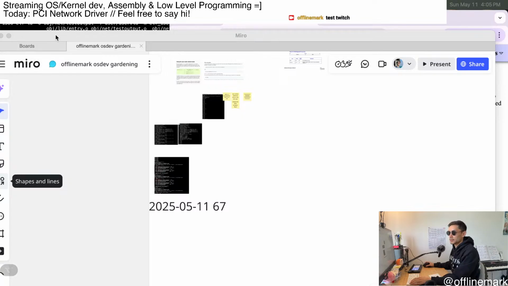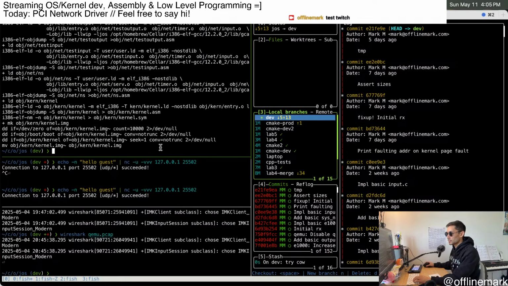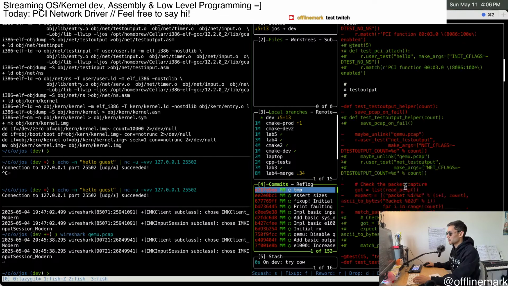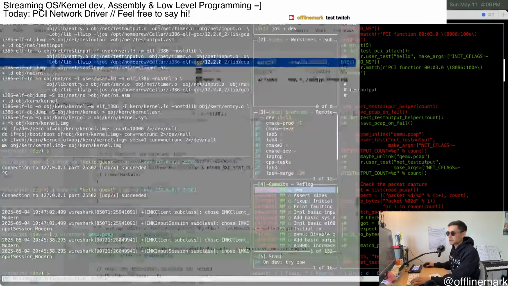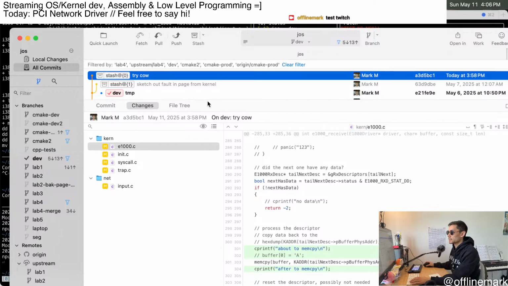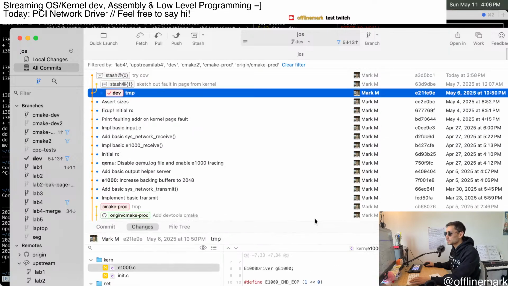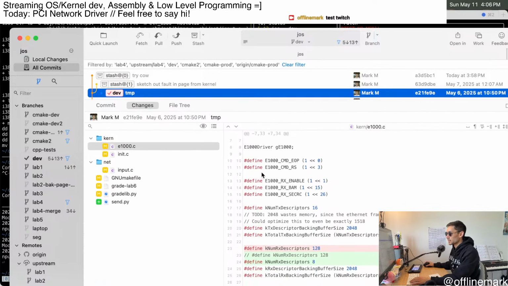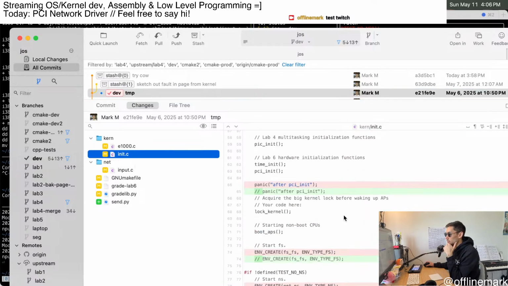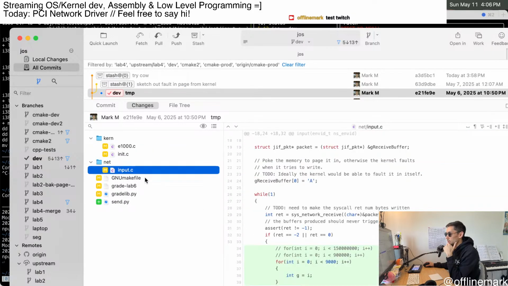This is this big temp commit. Get my fork client out. This is this big commit, which has a bunch of stuff.